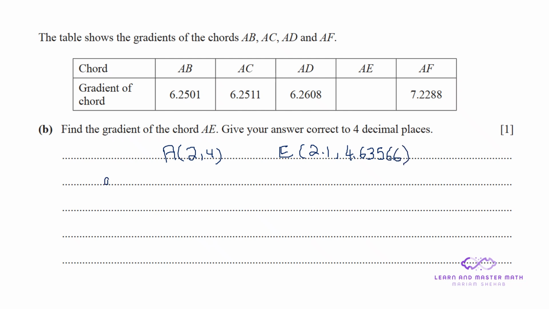And we know that the gradient formula is y2 minus y1 over x2 minus x1. So if we substitute the corresponding x1, y1, x2, y2, we will get 4.63566 minus the y of A, which is 4, over the x of E, which is 2.1, minus the x of A, which is 2.